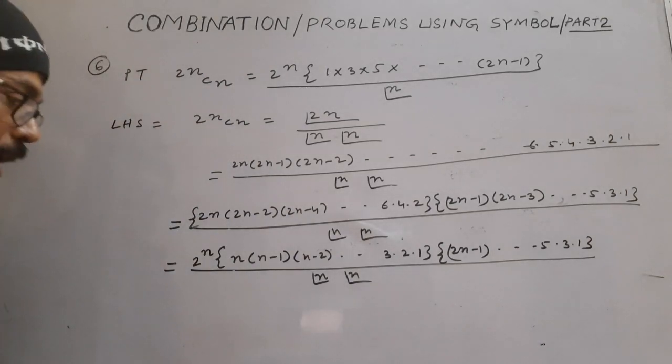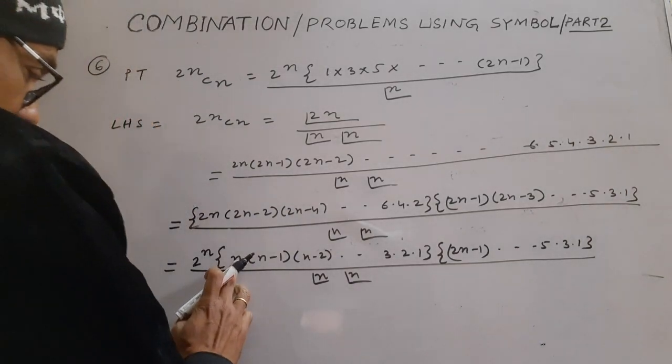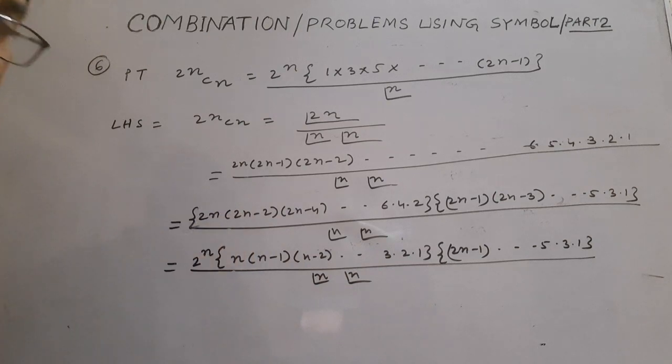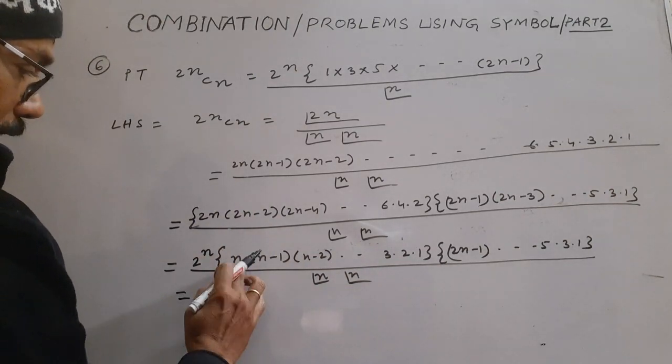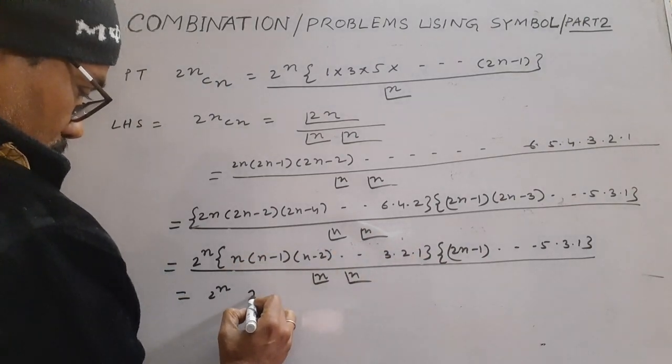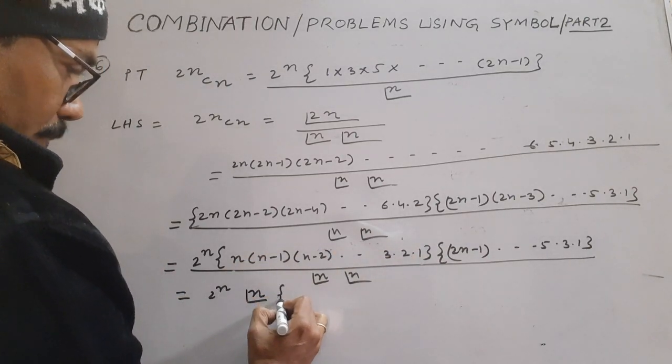Okay, now listen. This is n to 1, or 1 to n. It is the product of n consecutive numbers starting with n and ending with 1, so this is obviously factorial n.